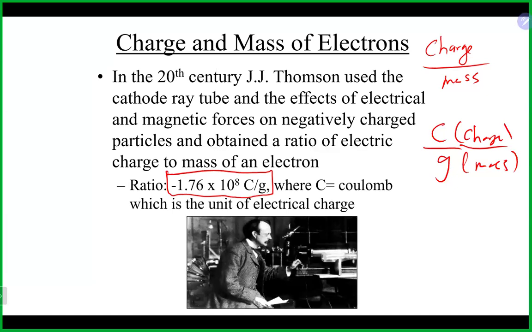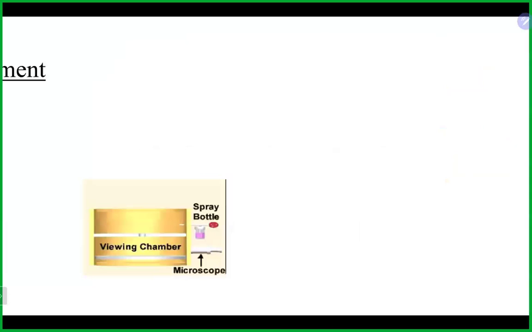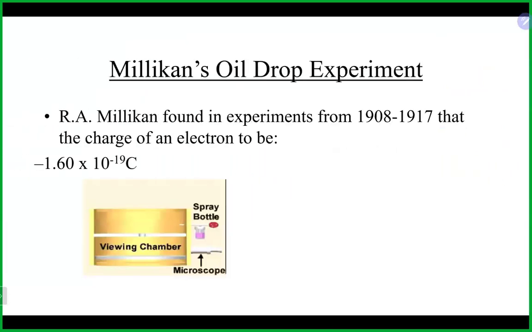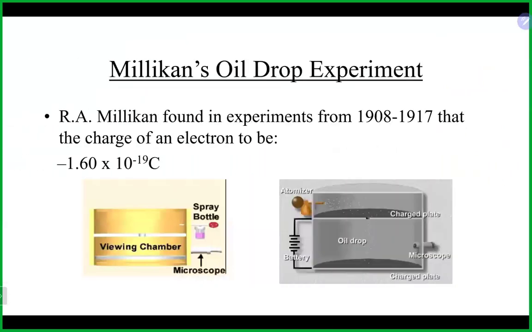And even further understanding of the electron came with another really important experiment. And this was one done by a guy named Millikan. Millikan did what is referred to as the oil drop experiment. What he basically did was he took oil and he shot it through this chamber, atomized it into little droplets that went through this little hole. And the droplet of oil would start to fall.